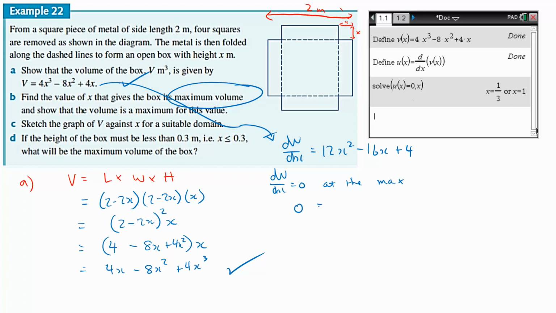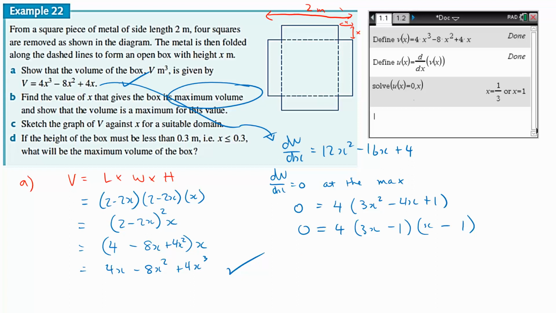So I now have 0 equals 12x squared minus 16x plus 4. I'm going to take out 4 as my common factor. So 4 out, that's 3x squared minus 4x plus 1. And I can factorize my quadratic equation. That becomes (3x minus 1)(x minus 1). There you go.